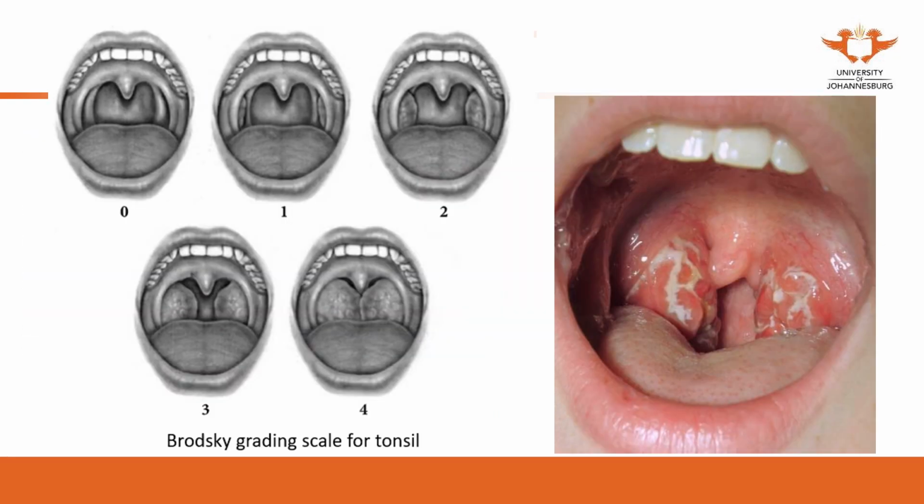From this slide, we give you some images of the different grades of enlargement of the tonsil. They have 5 grades. This one is normal. You can see from here, that's the enlargement of this.